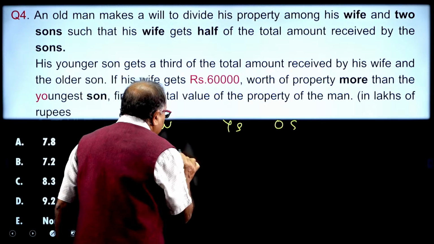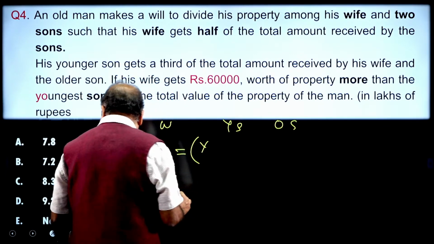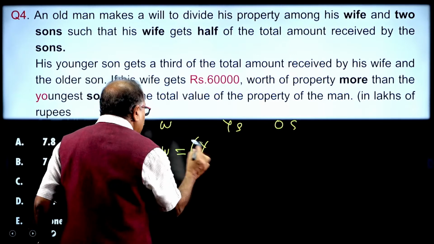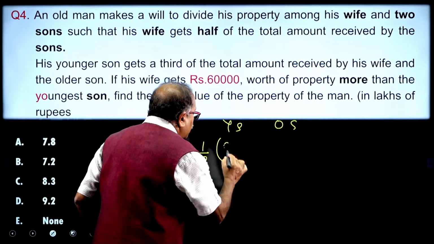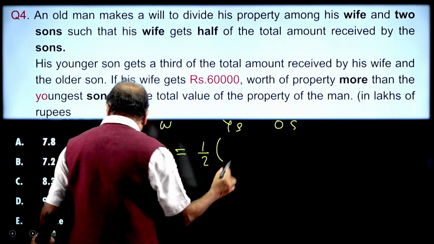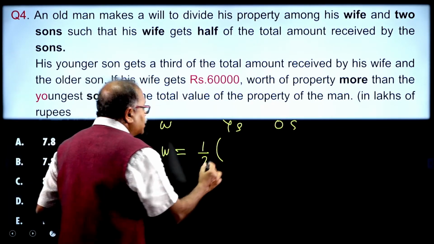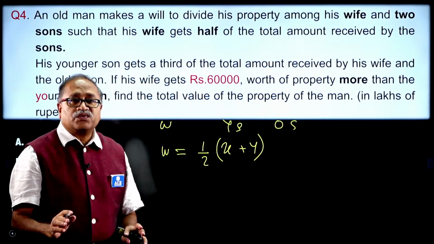Given to us, the wife is equal to half of the sons. Let me write this down. If I consider the elder son as x and the younger son as y, then w is half of x plus y.